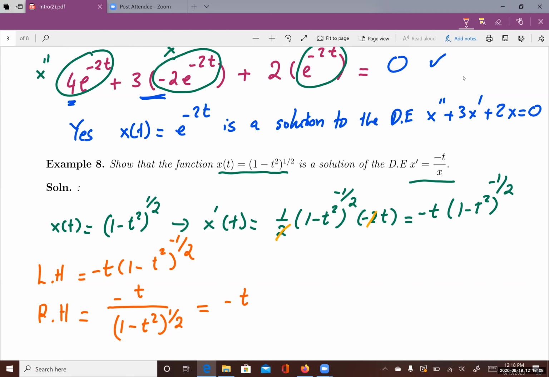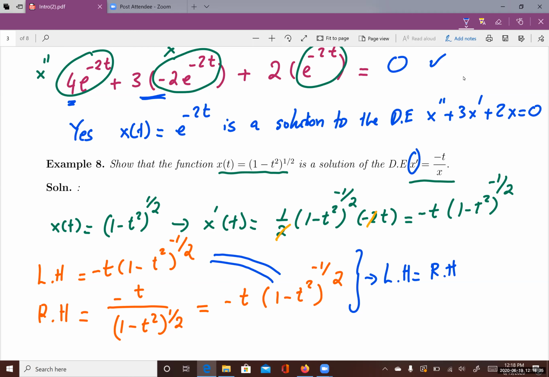So t, if I want to bring this up to the top, it will be 1 minus t squared. Instead of the positive sign, I change this to the negative sign. Well, at this point, you can see that the left-hand side and the right-hand side are the same. So this will make the left-hand side equal to the right-hand side of the equation. Again, this is the left-hand side, and this is the right-hand side that I'm talking about.